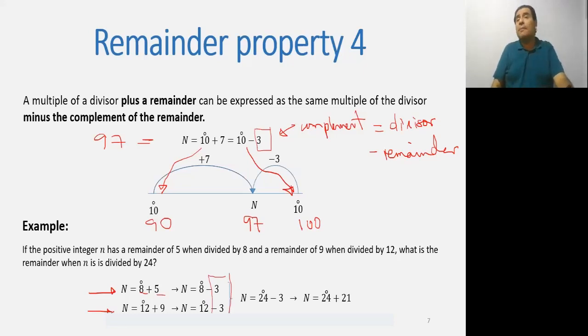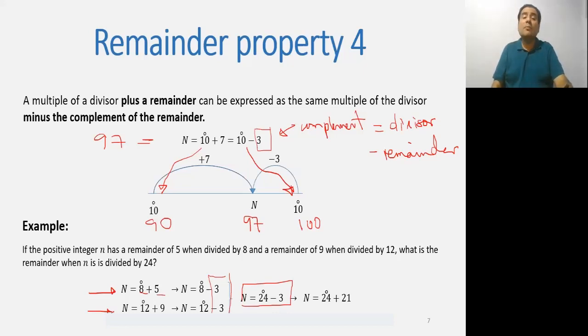But if we apply the second property, we can use that same so-called negative remainder to establish that n should be a multiple of the least common multiple of the two divisors, 8 and 12, minus 3, that is the same remainder.